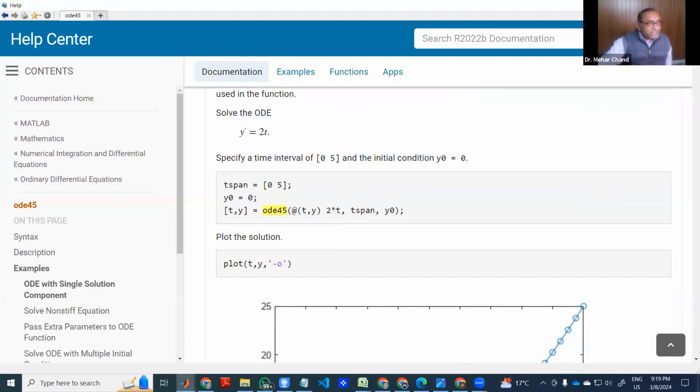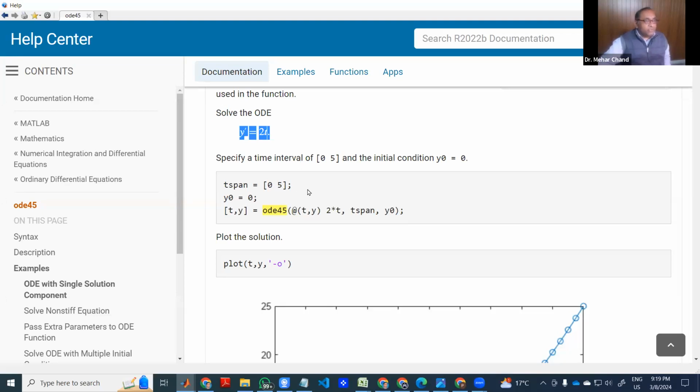Here is the example to use this ODE 45. You can see we have y dash is equal to 2t, and this is the interval, this is the initial value, and t span is equal to 0 to 5. You have to store these in MATLAB, and then you can easily apply ODE 45 to find the solution corresponding to this equation.